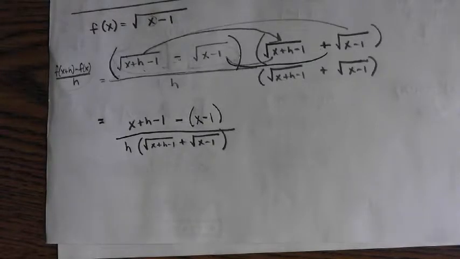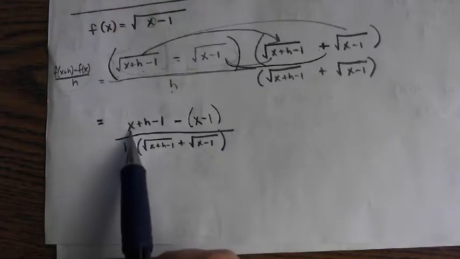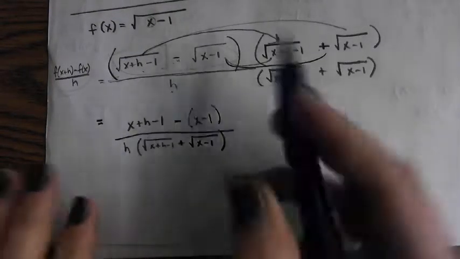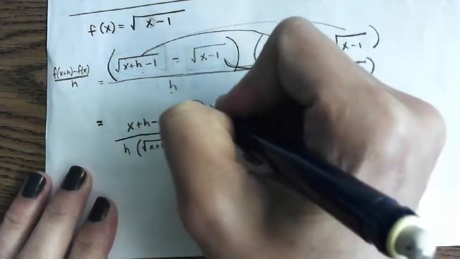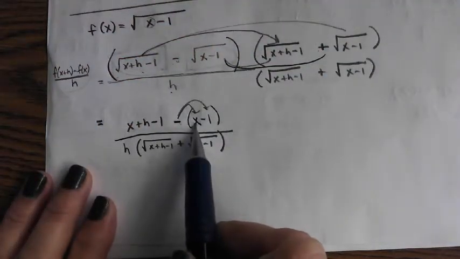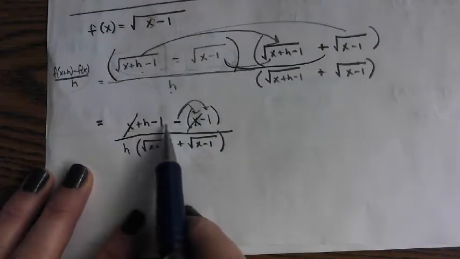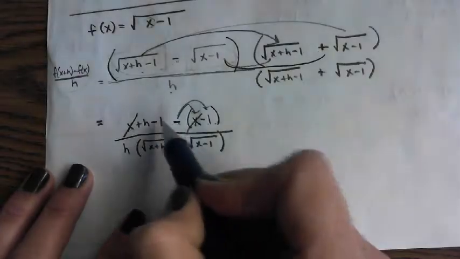Remember, what is our goal? To get that h to cancel. So when we simplify this numerator, you have to distribute your minus sign, but it's going to be x minus this x, which is going to cancel. It's going to be negative 1 minus a negative 1, which is going to cancel.